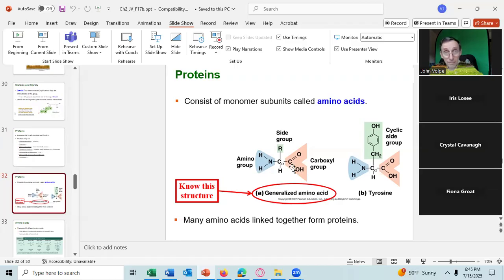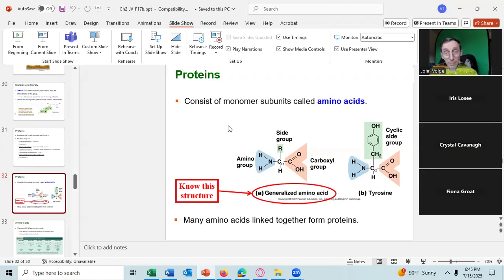For most of the monomers in the human body, there's only really a handful of them, glucose, fructose. Most of the other simple carbohydrates will be converted into glucose.